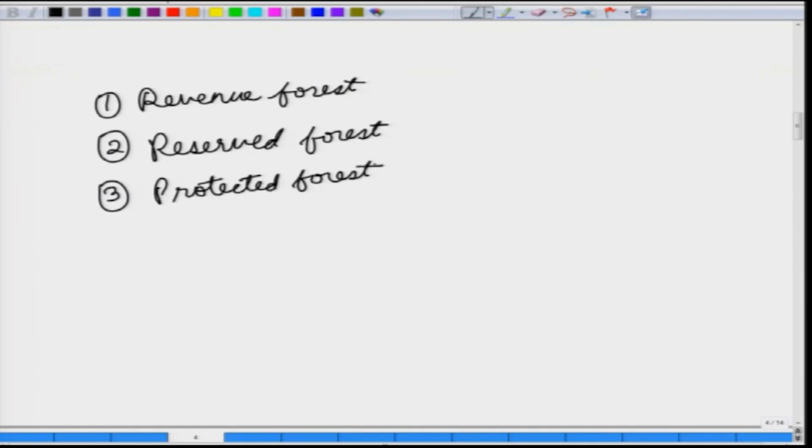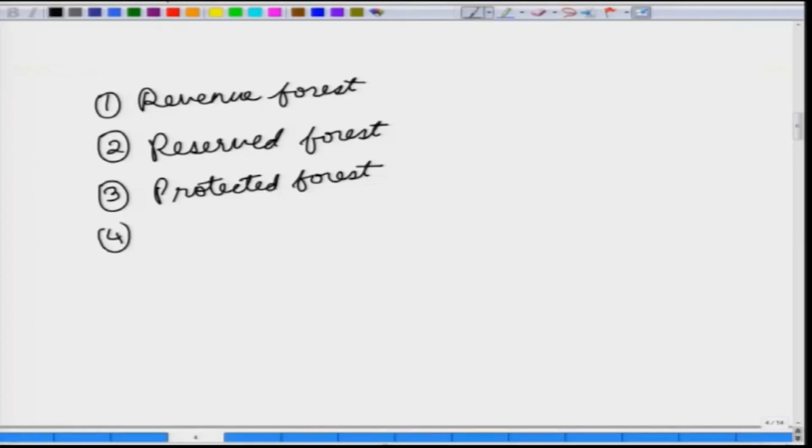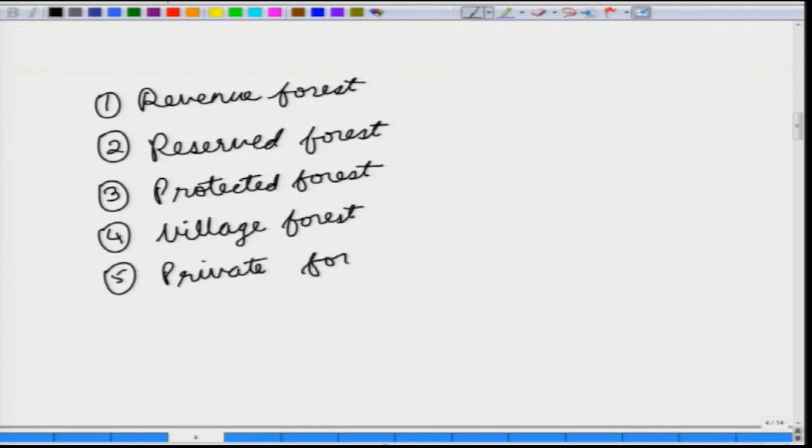Now, a protected forest again comes under the forest department and it is notified as a protected forest under the Indian Forest Act 1927, or this area could be a village forest, or in certain states there can even be things like a private forest. Now, a private forest is a forest that is notified as a private forest. So, it is having certain trees and it has a private ownership.